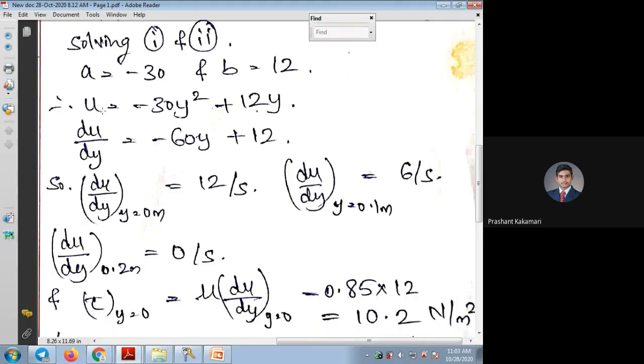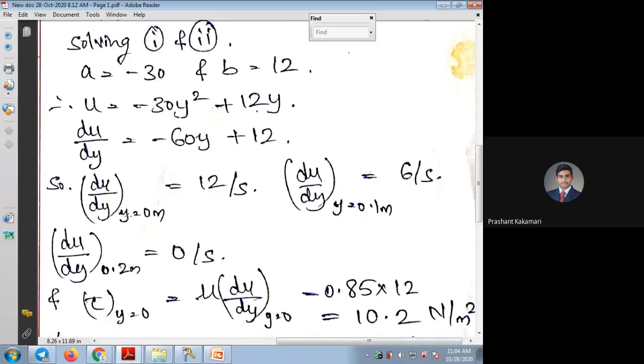So please check the velocity at 0.1, how much it will be in the parabolic condition. Then the same with du by dy, because in the problem they are not asking velocity. You just check the change of velocity with parabolic nature. But in the question they are asking velocity gradients.